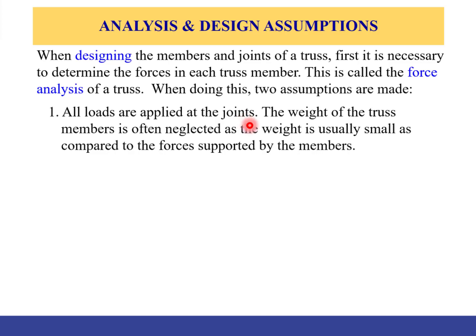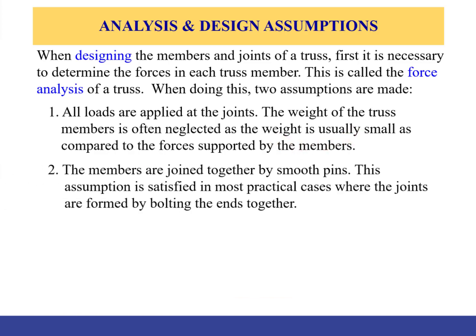Second, we assume that the weight of these truss members is neglected, or even if it is not neglected, then to do the force analysis you have to find the equivalent force and move it to the joint.